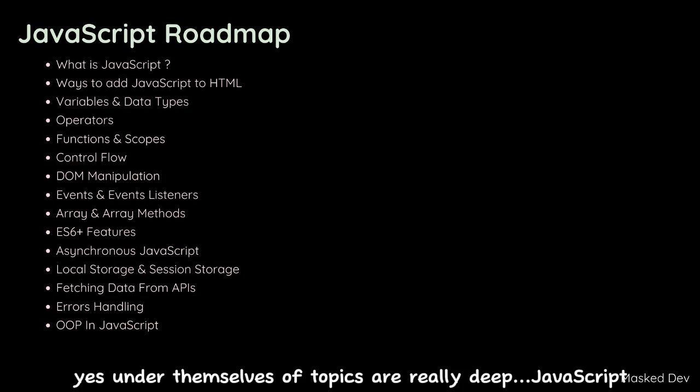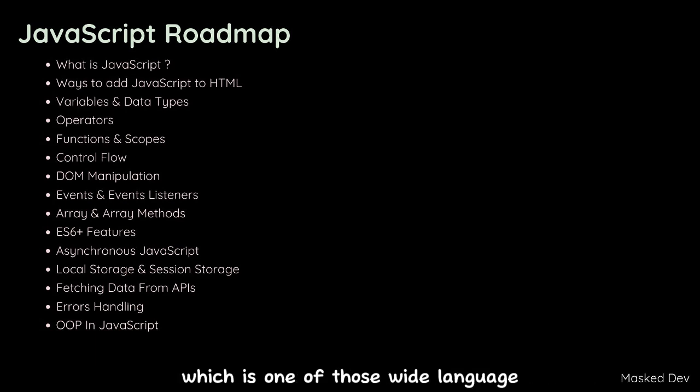Under them we still have subtopics that are really deep, but JavaScript is one of those wide programming languages that really breaks down into many topics. That also applies here, so break them down as each topic is being treated. So that's the roadmap for JavaScript.